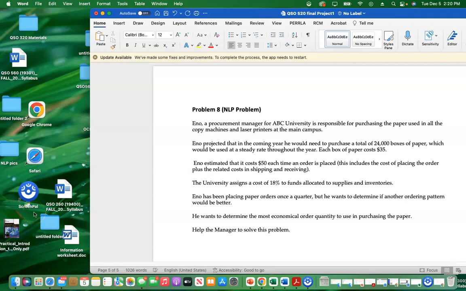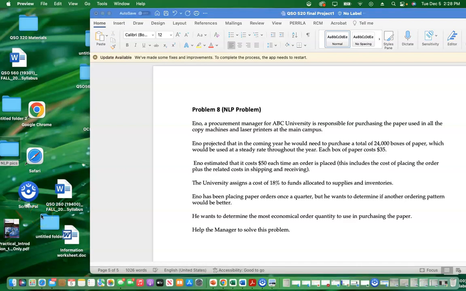You may have an objective function that is linear or non-linear, and also you may have constraints that are linear or non-linear. Let's look at some examples that will show objective functions that are linear and non-linear, and constraints that are linear and non-linear.